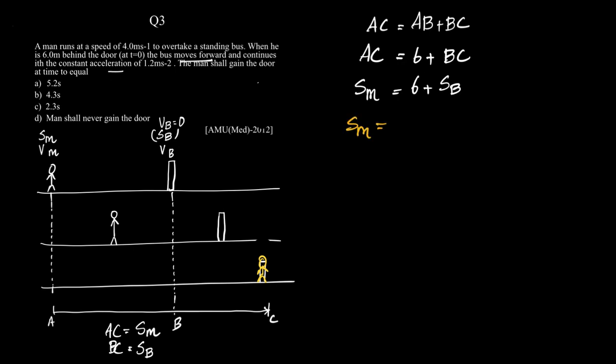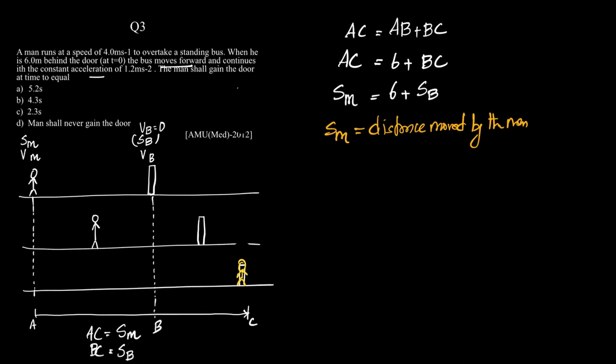SM means the distance moved by the man. So SM is equal to velocity of man into t. Why? Because the acceleration of the man is said to be 0. In which case, what do we get? SM is equal to, what is the velocity of man?